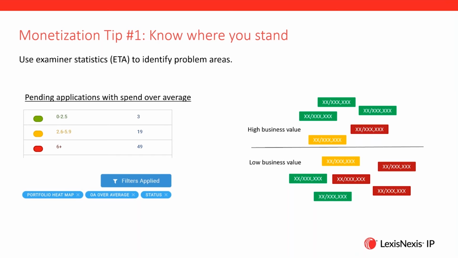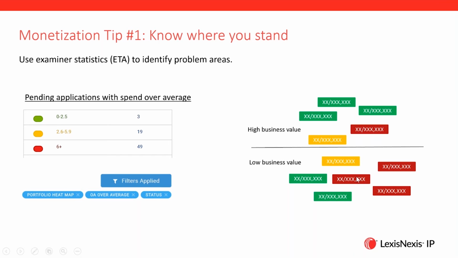If you know the business value of your cases, say there's some kind of ranking, you can upload that into our system. So people like to upload the business value into our system and map it against ETA. And here's the reason. If you've got a low business value case that's with a red examiner, that's something that you should immediately be questioning.